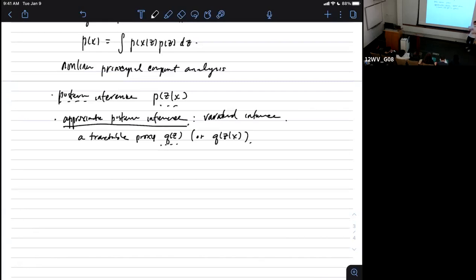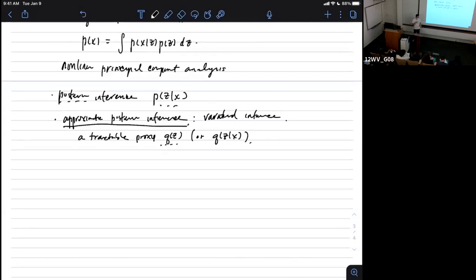Maybe, maybe not. What should be the measure of this similarity? It turned out that in the case of approximate posterior inference, we actually have a pretty clear criteria that we want to satisfy in choosing a quantity that we use to characterize the similarity between P of C given X, the true posterior distribution, and this proxy or the variational posterior distribution.